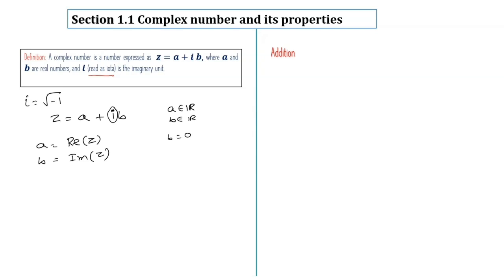Now if b is equal 0, that is the imaginary part is equal 0, then the z can be written as z equal a, which is a real number. Therefore we can say every real number is a complex number.